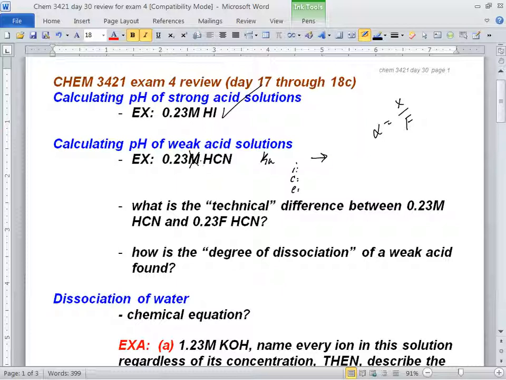Yeah, that should be an F. Because if it's molar, it technically means that in that ice expression, HCN, H plus, CN minus, technically what you're saying by writing molar is that this answer right down here is 0.23. That is the concentration at equilibrium is 0.23 molar.